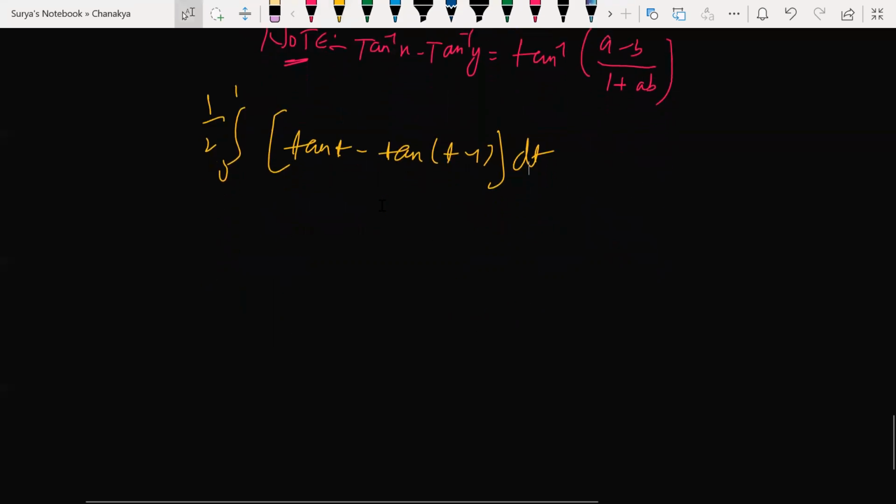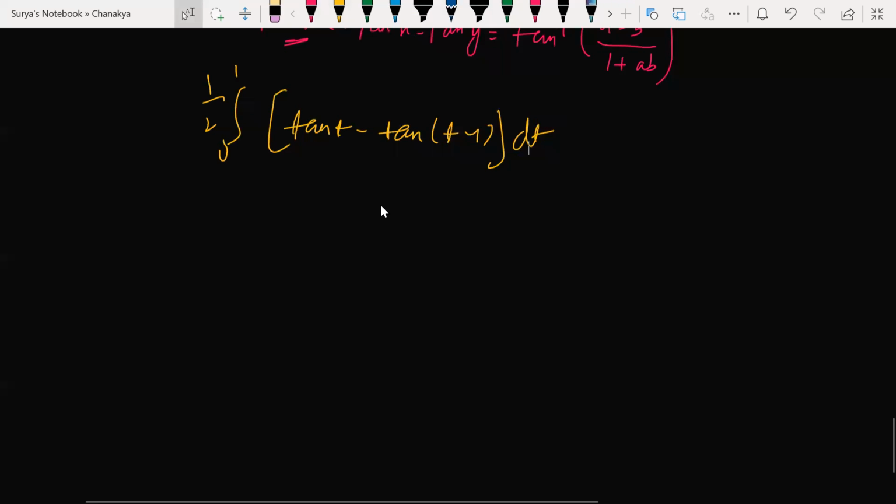So what are you left with now? Integrating it directly. 1 by 2 times the integral from 0 to 1, tan inverse of t minus tan inverse of (t minus 1). So how can we solve this now? It is tricky.